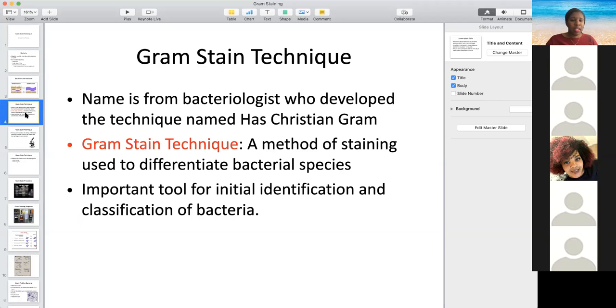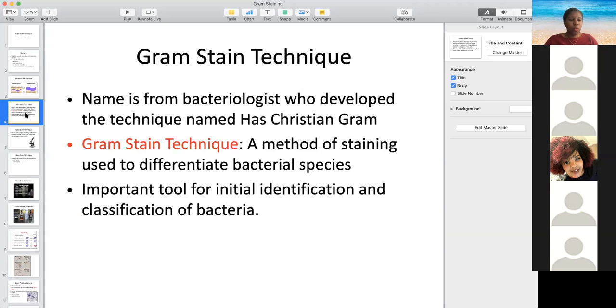The Gram stain technique, this name is derived from the bacteriologist who developed this technique, Christian Gram. The Gram stain technique by definition is just a method of staining that's used to differentiate different bacterial species.